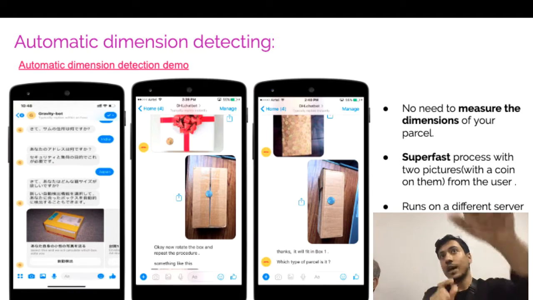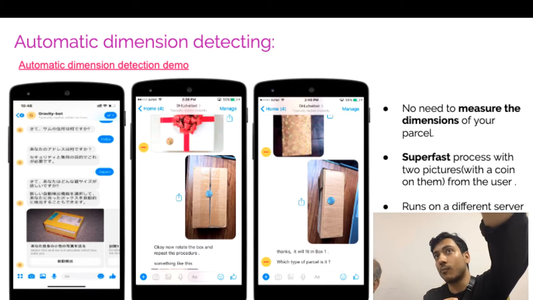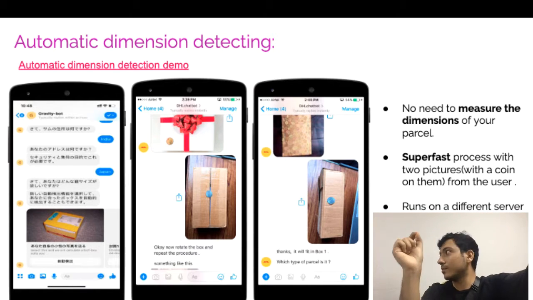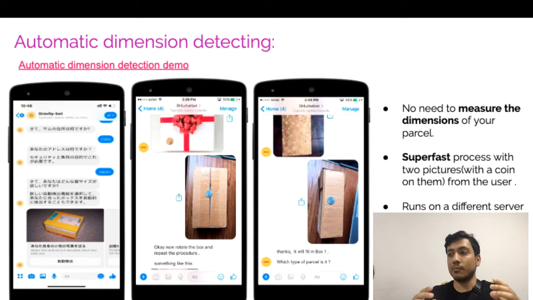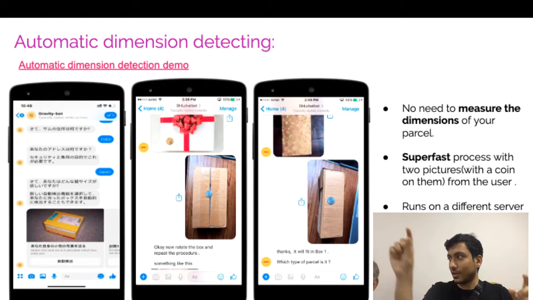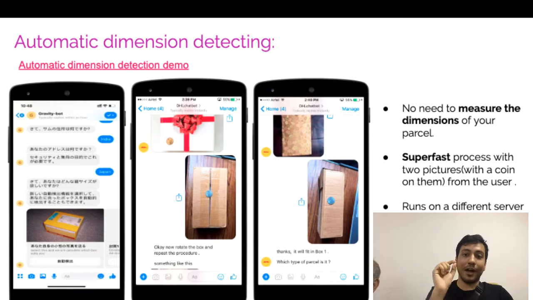At each pixel there will be something different. In maths and computer science terms, it will be a very big matrix with 1080 rows and 1080 columns. And each pixel will have a dedicated indication of what is on that pixel, like if it's the box, the table, or the coin.